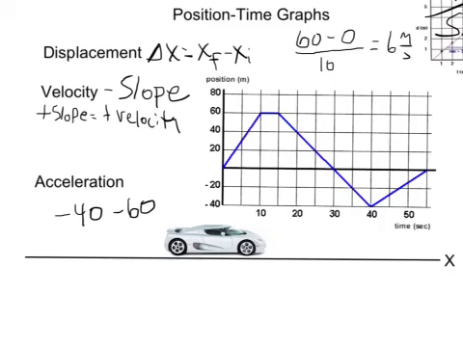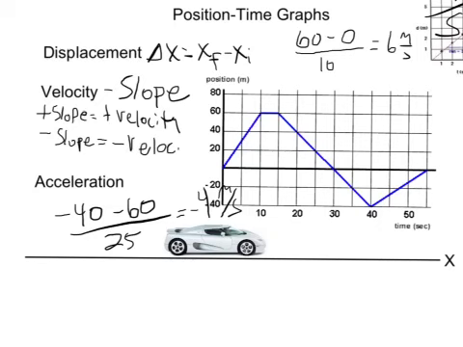That gives us a total change in position of negative 100 meters, and that happens in 25 seconds. So we end up with a velocity, a slope of negative 4 meters per second. So what that's telling us is that if we have a negative slope, we're going to have a negative velocity.